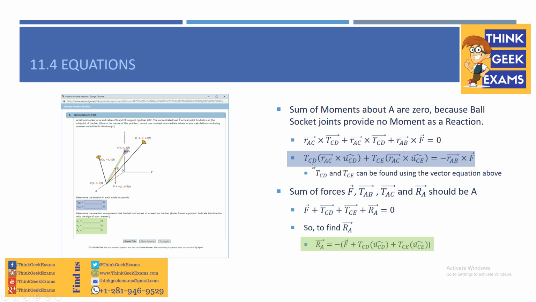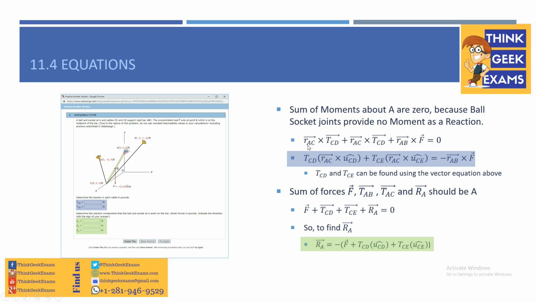The TCD is not known. Same with TCE, we don't know that, and these are known values, so we can calculate them. And then RAB is known and F is known, so we can calculate this as well. So the only unknowns are TCE and TCD, and this is a vector equation, so it's got three equations in there, and we should be able to calculate TCD and TCE out of there.